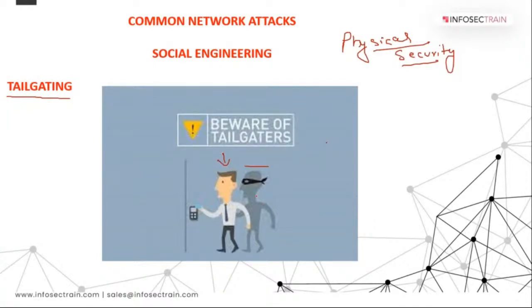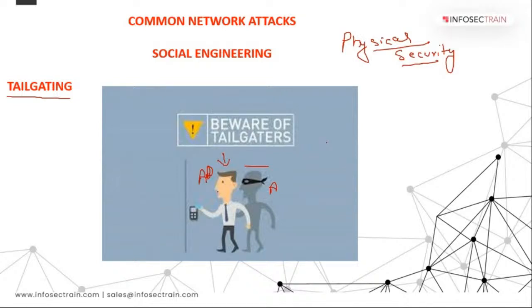Now what happens in tailgating, guys? In tailgating, the attacker does what? This is the attacker and this is the authorized person, right? Now what happens? This person is opening the door by swiping his card. Now what is the attacker doing? The attacker is directly following him.